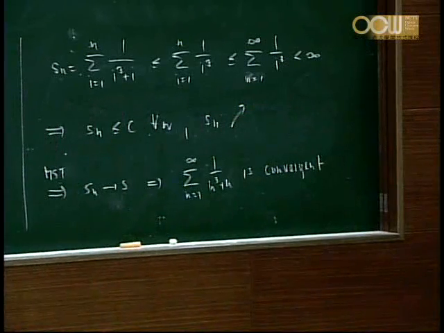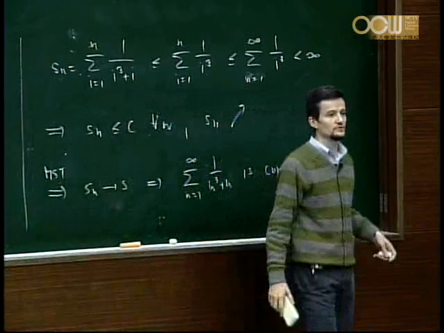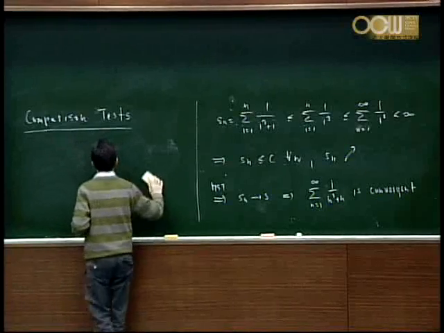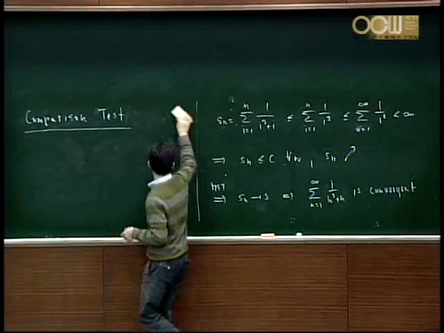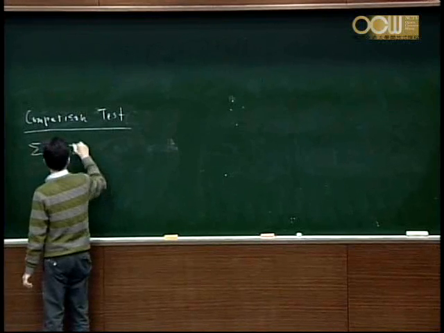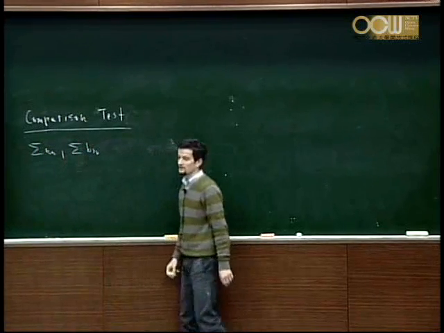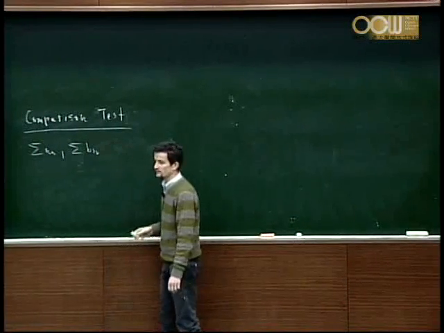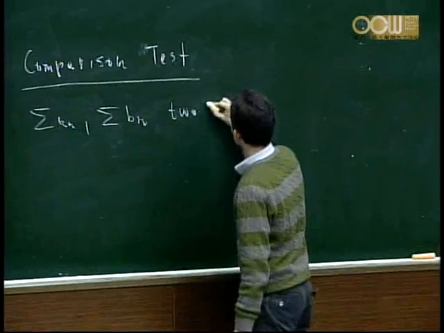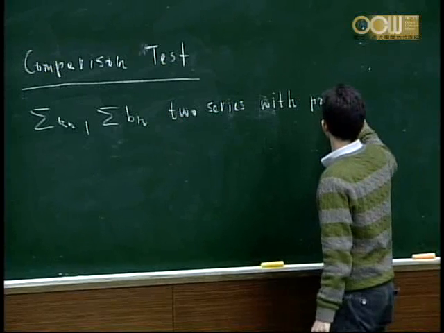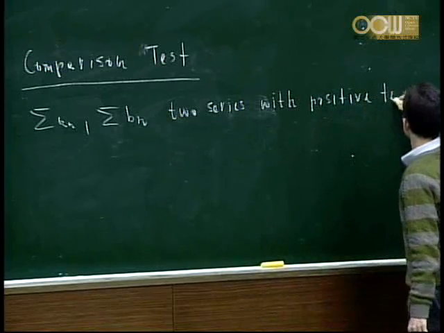Now, of course, you do not every time have to go into the details, because we have a general result. And the result is as follows. This essentially is the proof of the general result, which I just showed you. This result is called the comparison test, the first one. What we need to assume is that we have two series with positive terms.